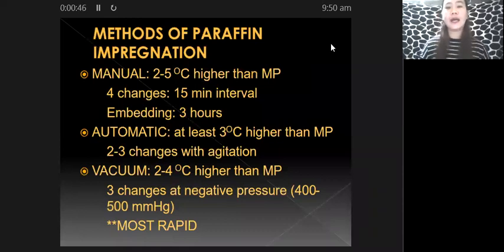All right. So the next part of our discussion would be the different methods of paraffin impregnation. For those who are under me in the laboratory, I have discussed this as part of our post-laboratory discussion.